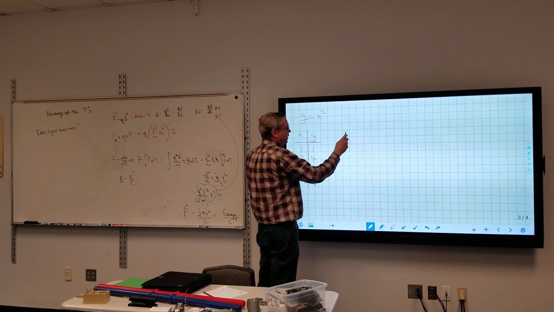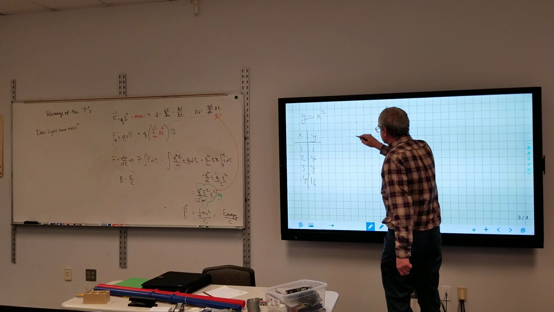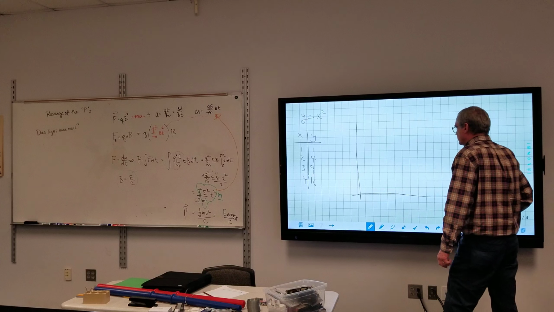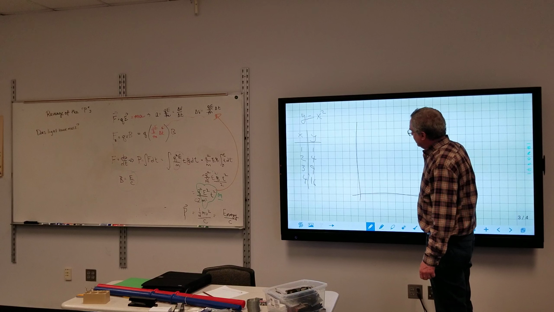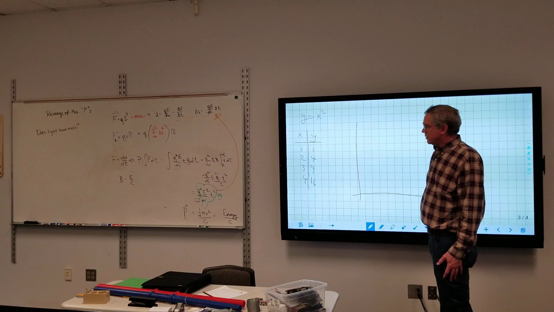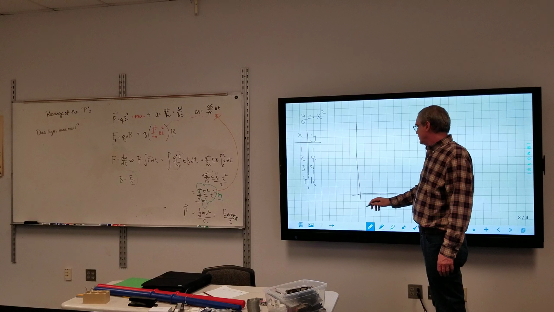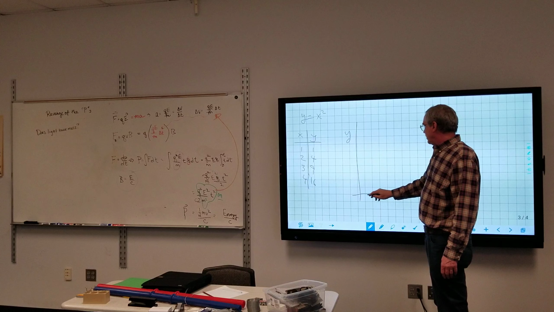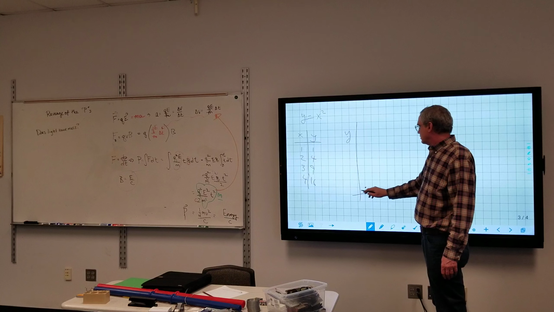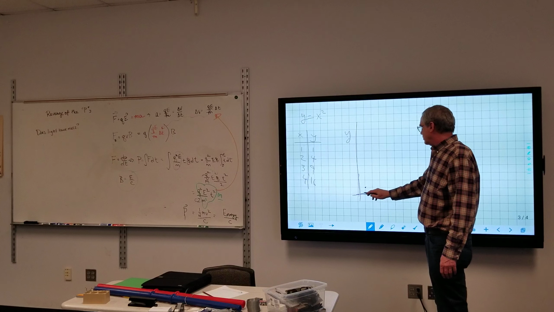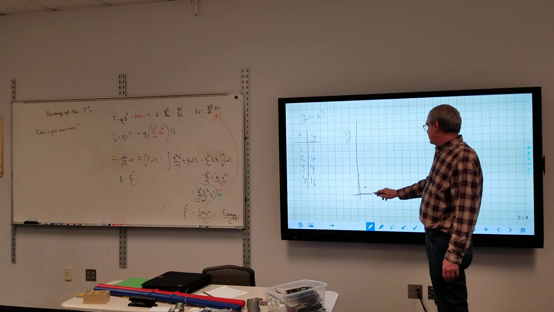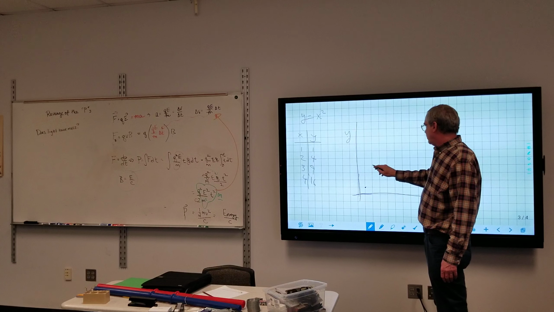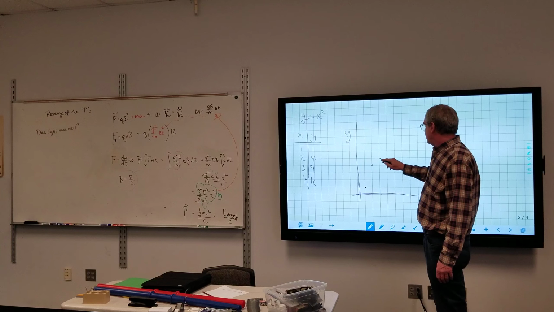So if I plotted that, not quite sure why I needed the grid because I'm not following it, but what the heck. So if this is my x and y axes, I plotted 0, 0, 1, 1, 2, 4, 3.